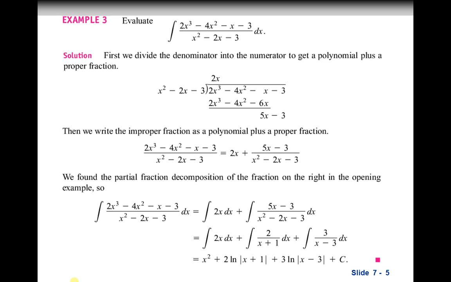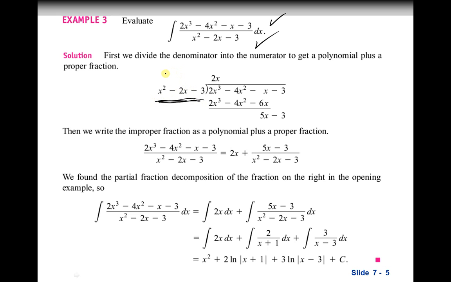Suppose the numerator is one or more degrees greater than the degree of the denominator. In that case, you need to do long division of the rational function so that you can get a remainder that will have a numerator that's at least one degree less than the denominator. So you probably recall how to do a long division.